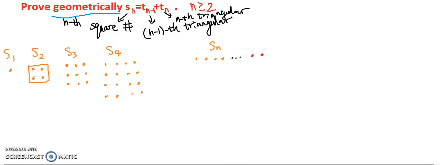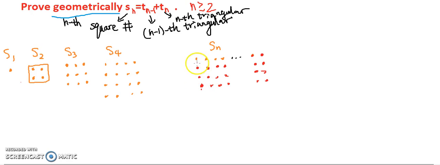Okay, so we can continue to do this, and we draw the second row, the first 4 and the last 2, and the third row, and the fourth row.